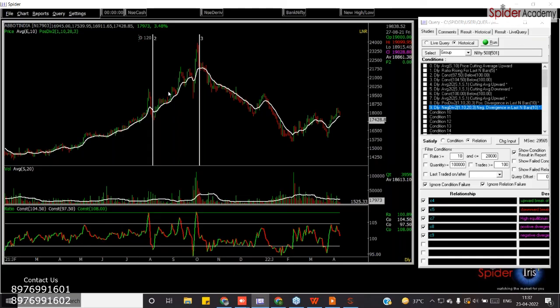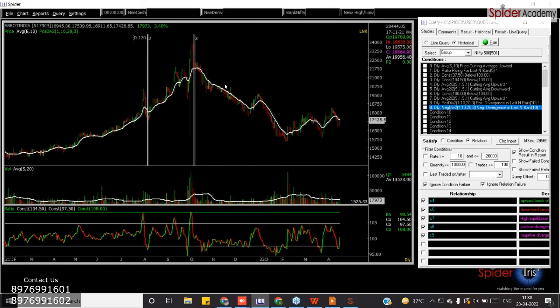This is what the divergence is. In the positive divergence, if the prices are making a new lower low, but the oscillator is making a higher low, then that is positive divergence, and the opposite is the negative divergence. Now I'll show you how well the divergence works over here.